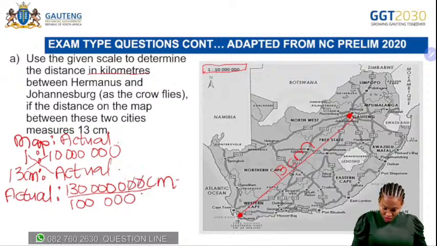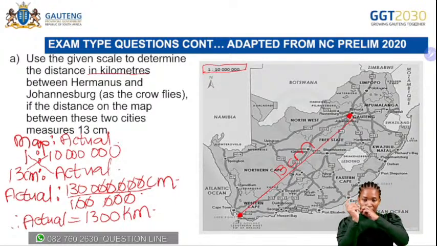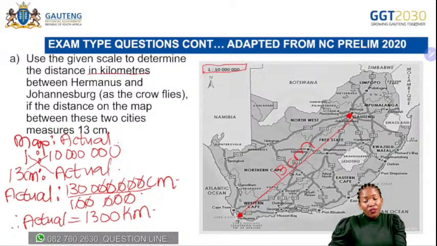So our answer, the actual distance, is equal to 1,300 kilometers. That is the estimated distance that you will travel if you're traveling from Johannesburg to Hermanus.